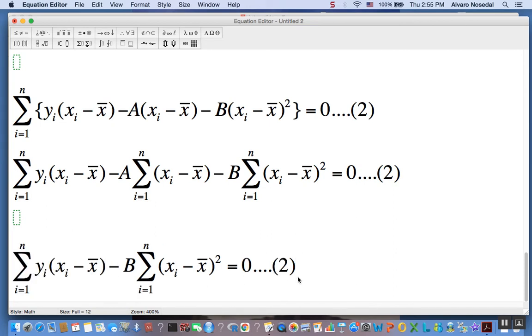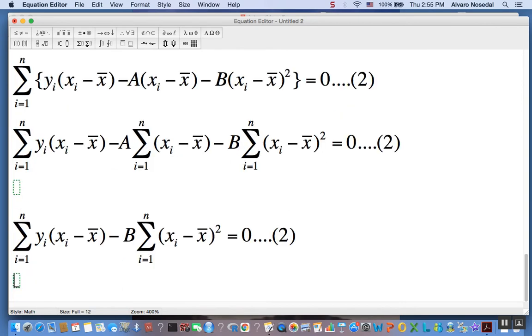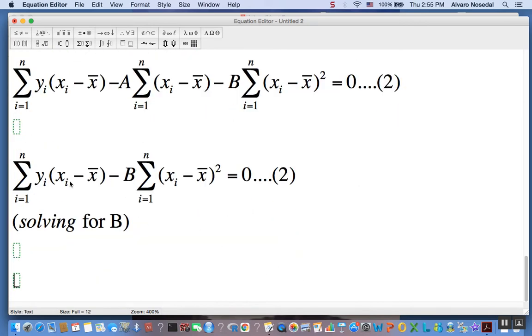Okay? And then we can easily solve for b from that expression, right? So solving for b, let's see what we end up with.